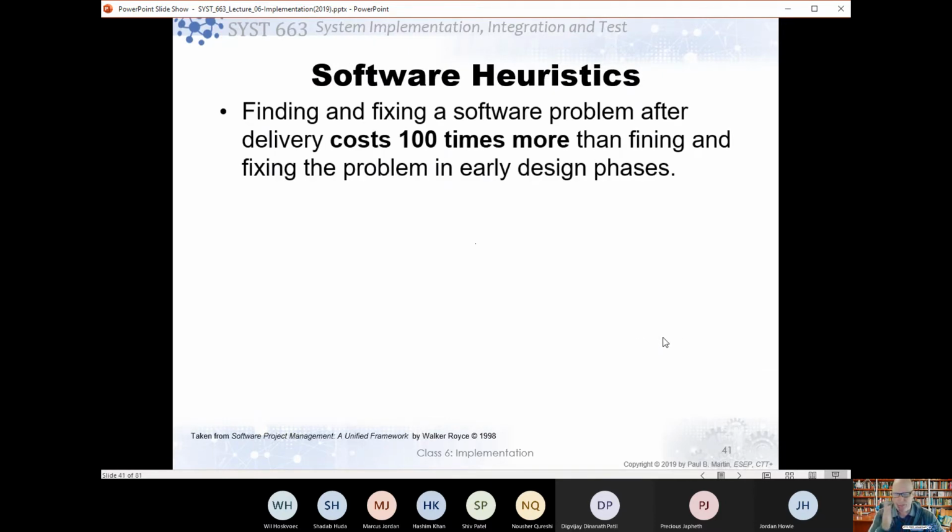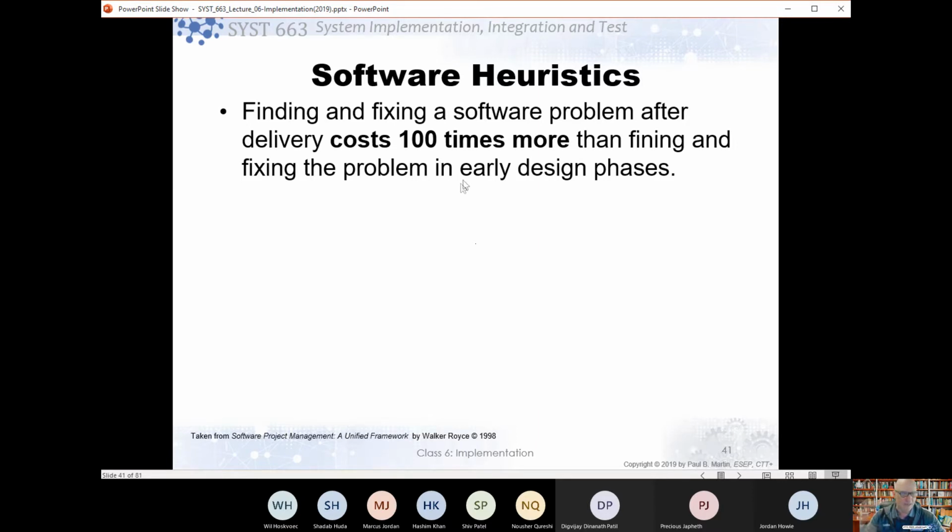All right. So what I want to do real quick is go through some heuristics here, and then we'll try to get you guys ready for your exercise. So basically, what I wanted to do is think about the fact that if you find a software problem after you deliver it, you'll have to go back and actually fix the problem from design on.